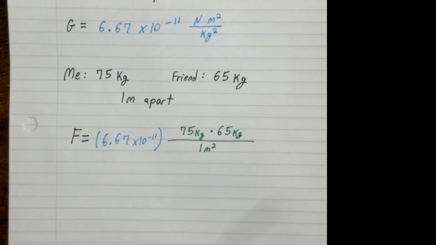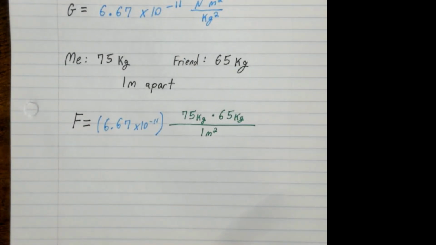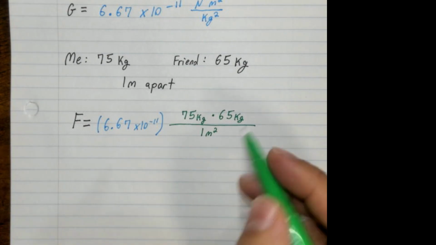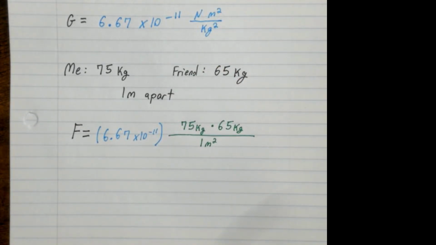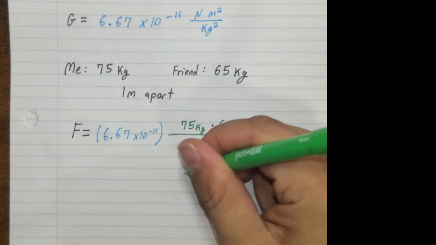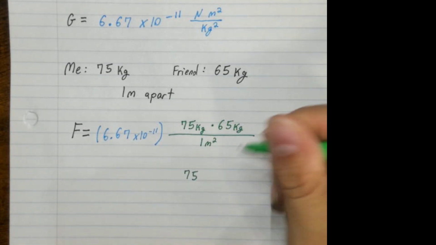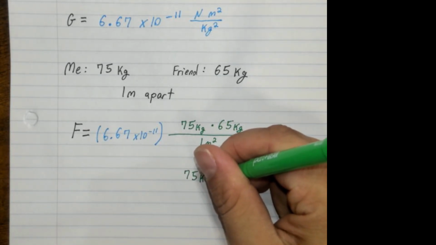All right, so let's go ahead and calculate this out. Let's simplify this a little bit. Let's go step by step. Luckily, it's divided by 1, so I can kind of just take this out since my meters are going to be canceled out with my gravitational constant. And then I've got just 75 kilograms times 65 kilograms.